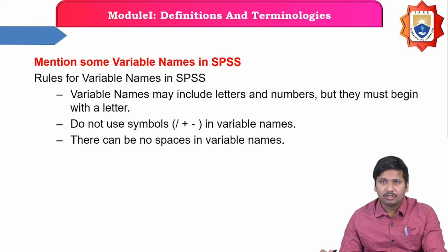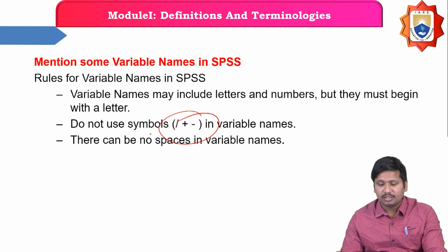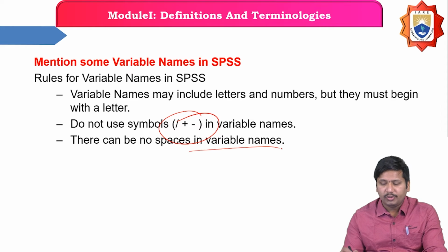There, variables should not start with an underscore or a dollar symbol. Similarly in SPSS, variable names may include letters and then numbers only, but must begin with a letter only, and do not use any kind of symbols like plus, minus, division, and no spaces in variable names.